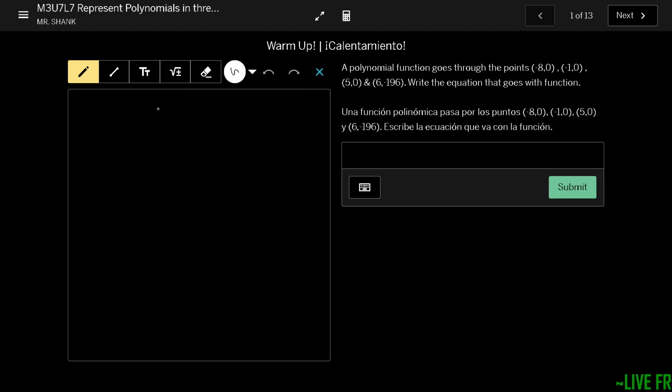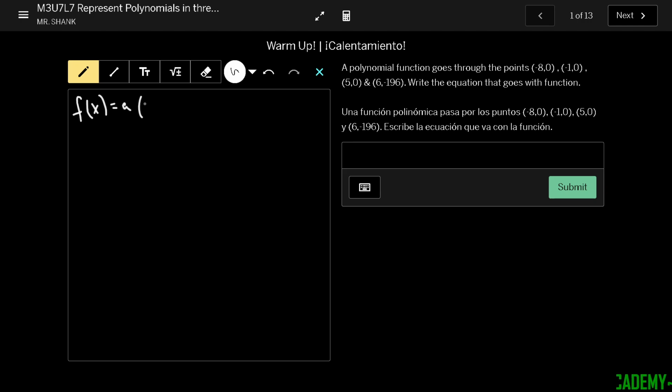Mainly focusing on writing out our general equation, I can use those x-intercepts to come up with our starter equation. So I'm going to say f of x equals, I don't know what a is, our leading coefficient, but what I do know is I can take the opposites of these x-intercepts.